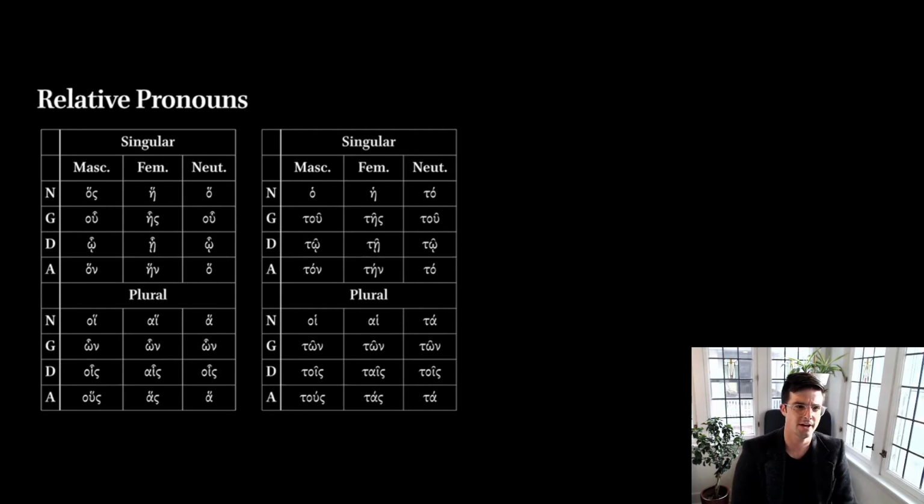So notice here that our endings of the relative pronouns, these are relative pronouns, these are the definite articles. They're going to be very, very similar to one another, with the tau absent in the relative pronoun and then something added in there. See if you can tell what it is. I'm sure you can. That's right, the rough breathing mark.